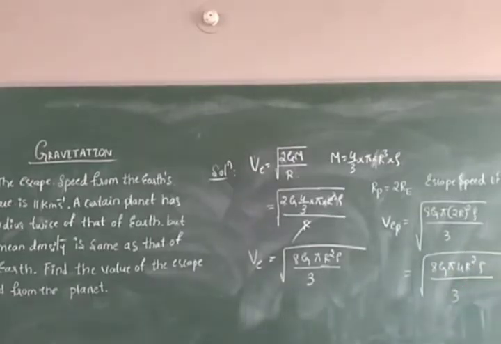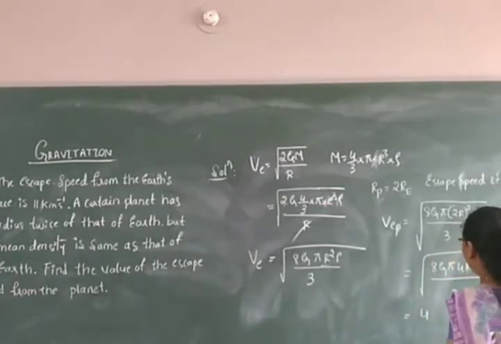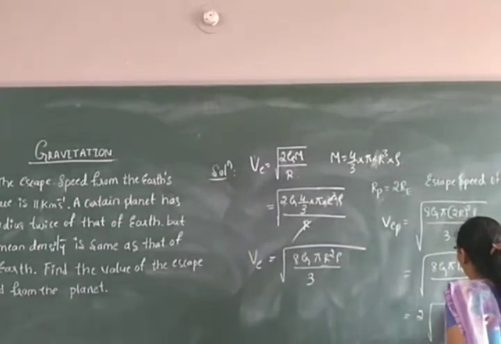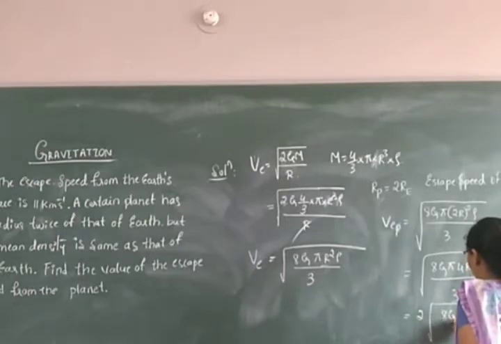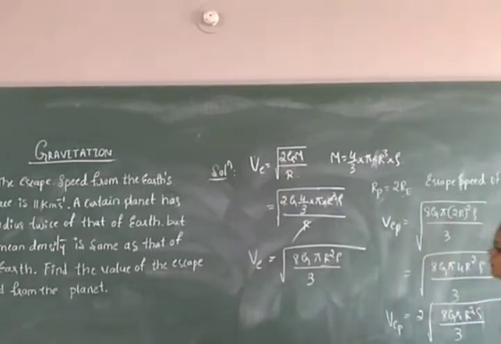I will take out 4 from the root. Root 4 is nothing but 2. So root 2 times 8G pi r square rho by 3. So what is this? Escape velocity of the planet.